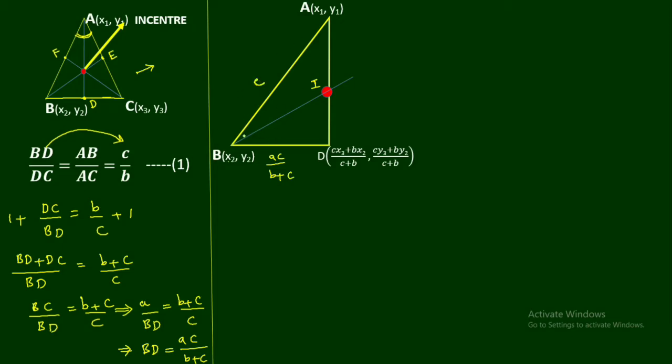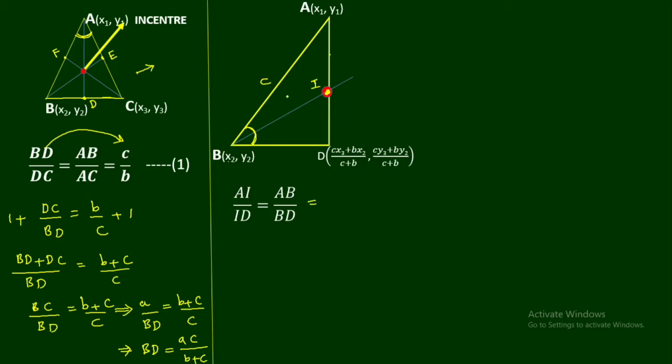Now if you observe again, this BI is the angle bisector of angle B. By using the angle bisector theorem, this BI divides AD in the ratio of AB and BD. That is AI by ID is equal to AB by BD. This I divides AD in the ratio of AB by BD, what is AB?